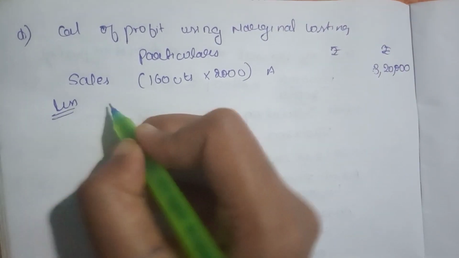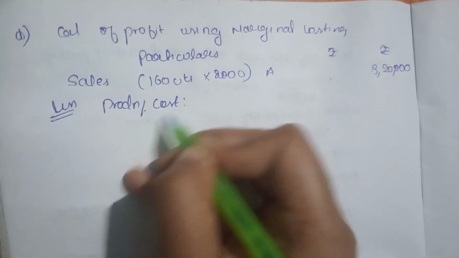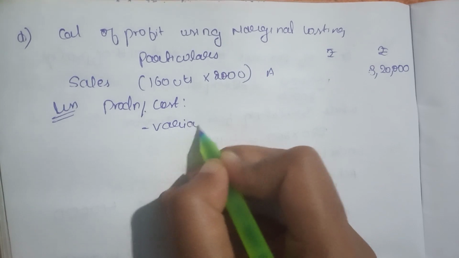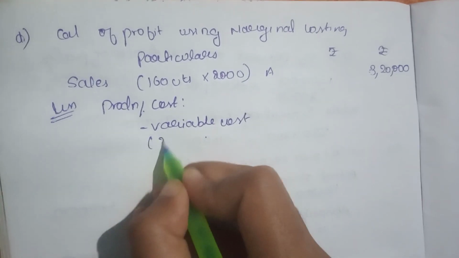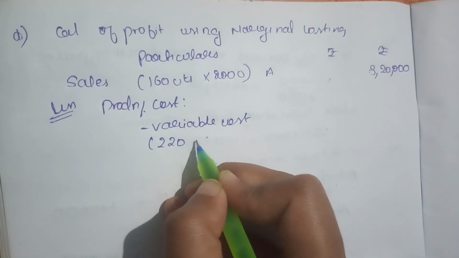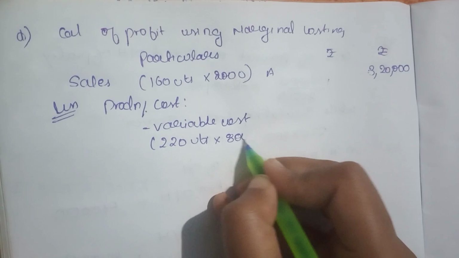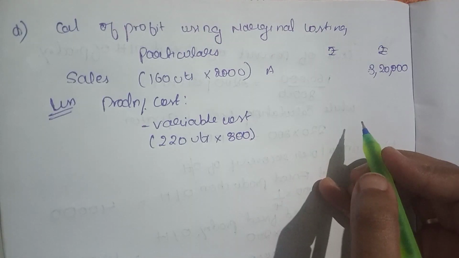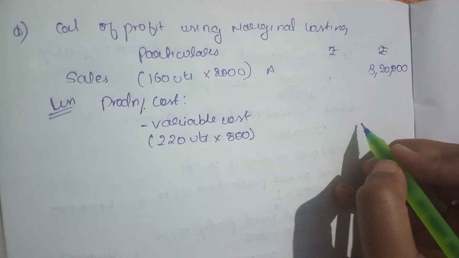Less production cost. Here we'll take only variable cost, not the fixed cost. Variable cost, same thing, 220 units into 800, same as absorption costing.